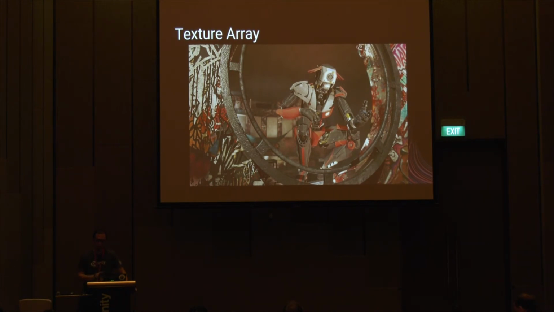And this robot is not just one single albedo map applied to the robot. It's actually 126 albedo maps applied to that robot. And we're talking per channel. So 126 albedo maps, 126 normal maps, 126 AO maps, 126 specular maps. And these are all 2K maps.